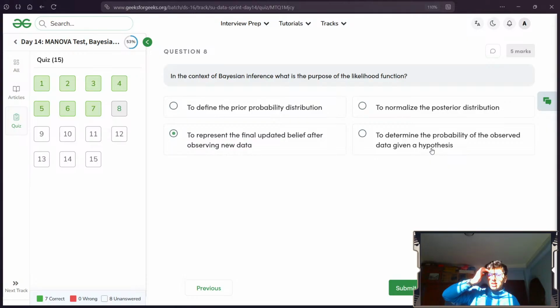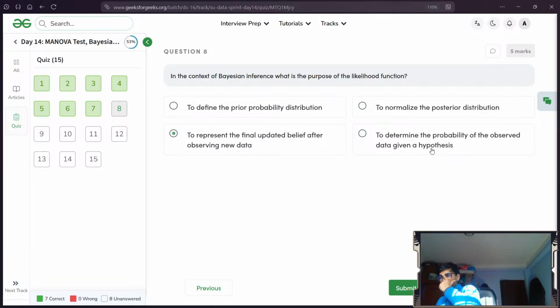The likelihood function is the opposite of the posterior, right? To determine the probability of the observed data given a hypothesis.